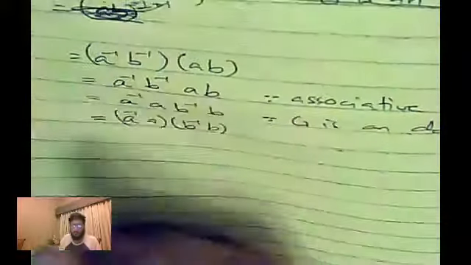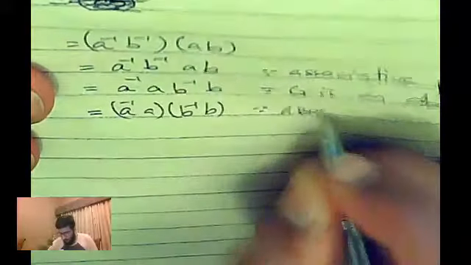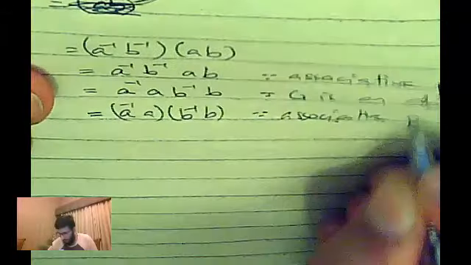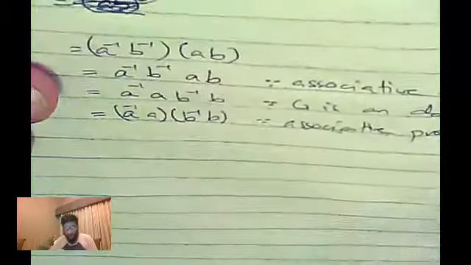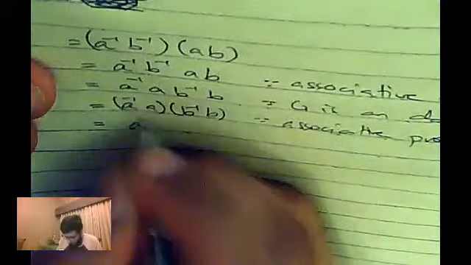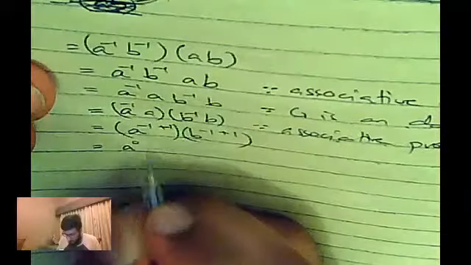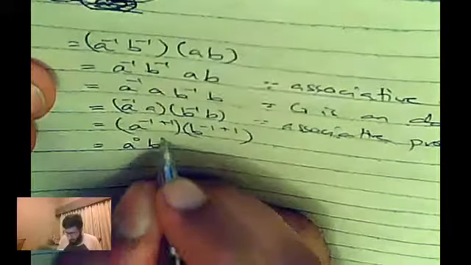You can shift things around. Associative property. Now, A inverse A, the bases are same, so the powers will add up. Similarly for this thing, you can write this as A to the power 0, B to the power 0.